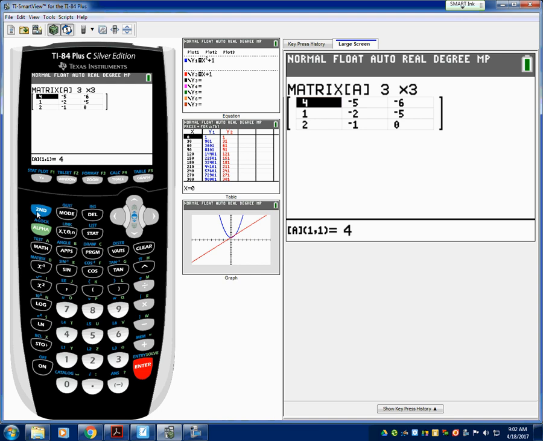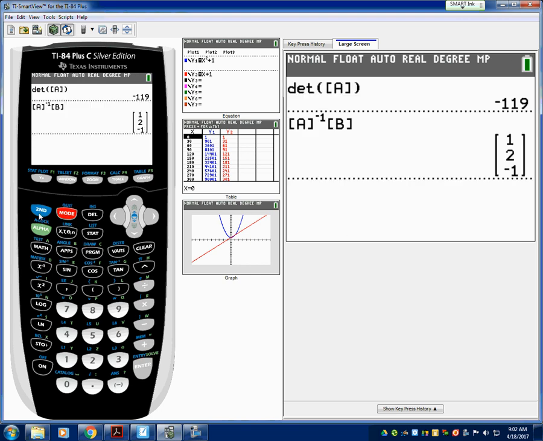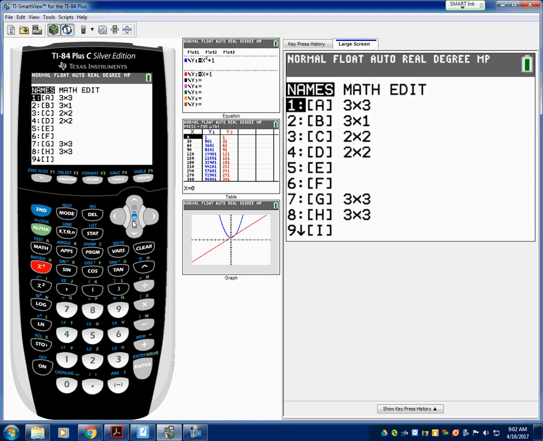As long as you can find the inverse of a matrix, this is the way you want to solve 3 by 3s and beyond from here on out in your math. Okay. Second quit. Go to second matrix, number 2.